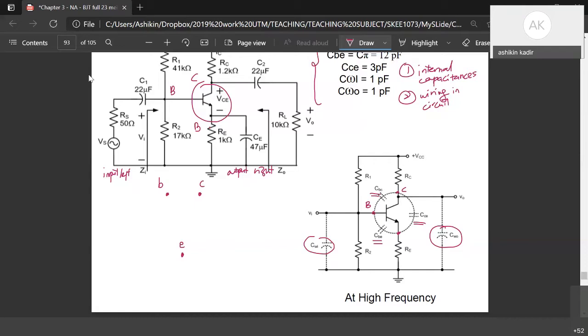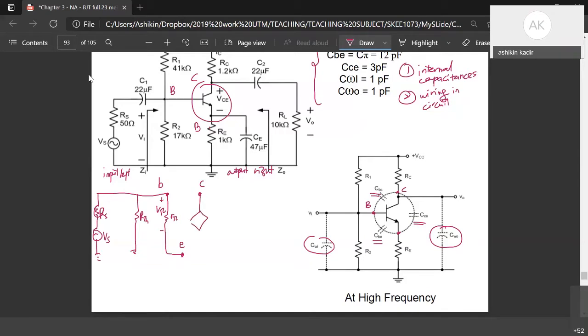So at the base here, it is connected to RS and VS. So this is RS, VS. Here you have RTH. And then at base to emitter, you have R pi, V pi.